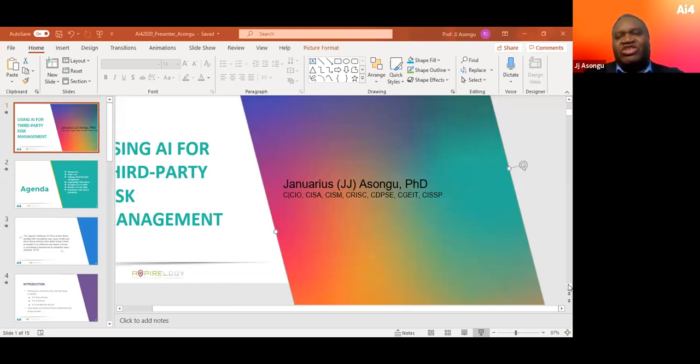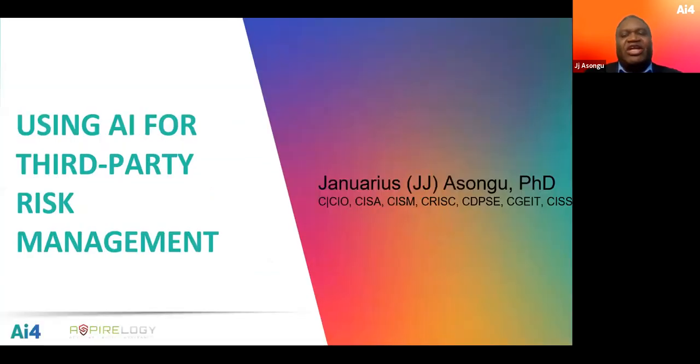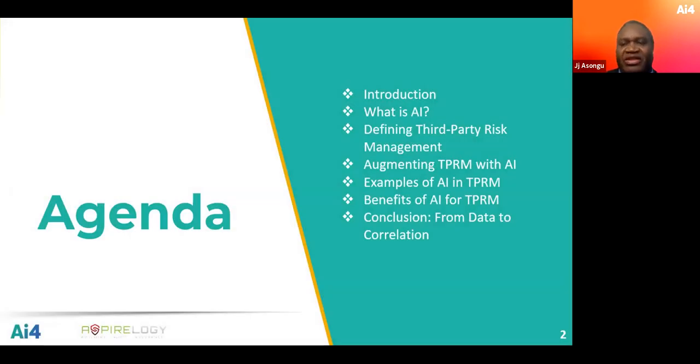First of all, I would like us to understand what third-party risk management is. When we are talking about third party, we are talking about suppliers or vendors. So when you are talking about third-party risk management, our focus is on our suppliers or on our vendors. Third party, supplier, or vendor are all synonyms of the same concept.